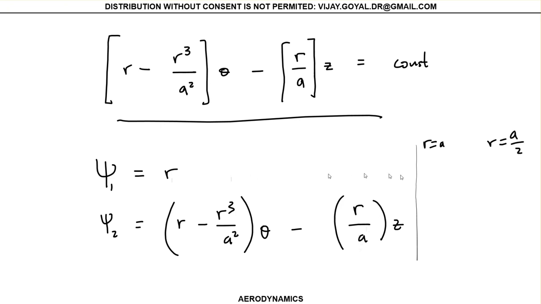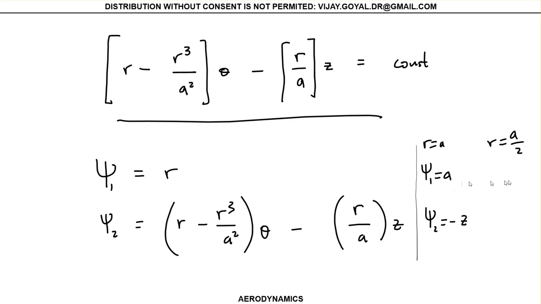So if I say r is equal to a, I find that psi is equal to a, and this will give me 0. So psi 2 will give me minus z. This will give me a squared, so you have a minus a, this is 0.